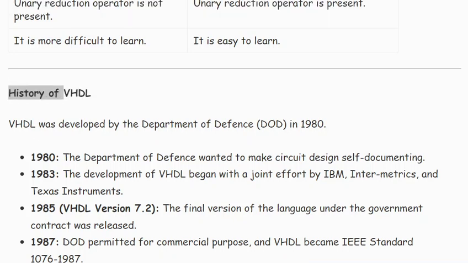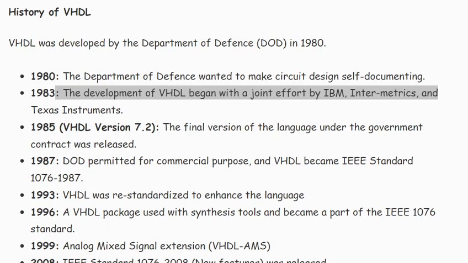History of VHDL. VHDL was developed by the Department of Defense, DoD, in 1980. In 1980, the Department of Defense wanted to make circuit design self-documenting. In 1983, the development of VHDL began with a joint effort by IBM, Intermetrics, and Texas Instruments.